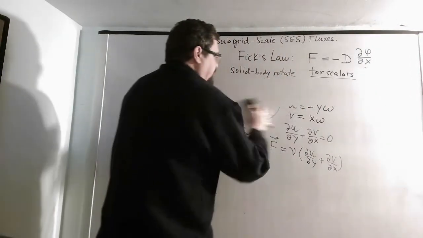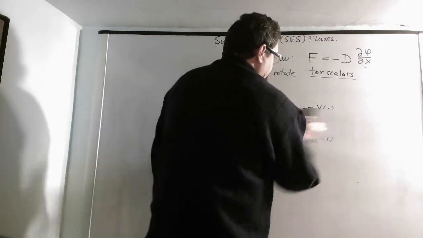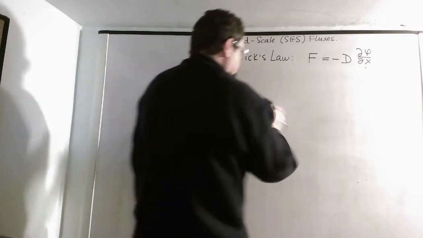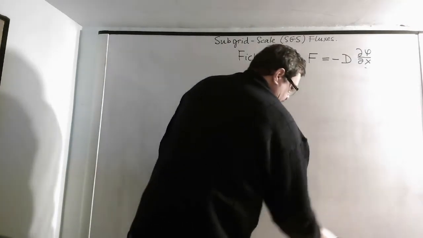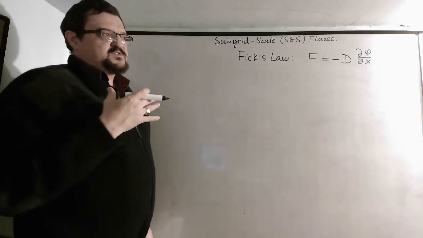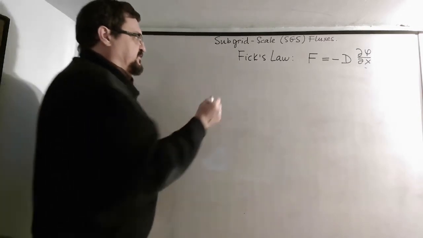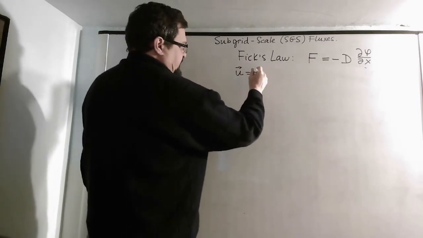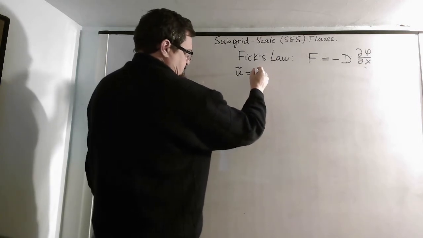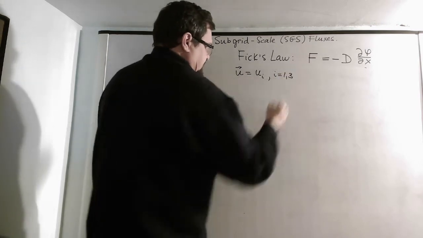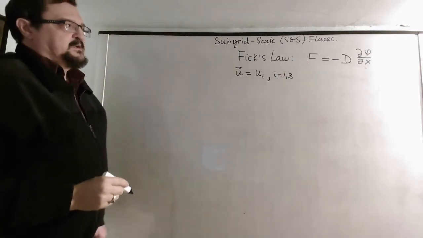So before we move forward, we need some mathematical notation. We will use index notation for vectors extensively, so that, for example, vector u is just a vector with coordinates ui, where i goes from 1 to 3 in three dimensions.